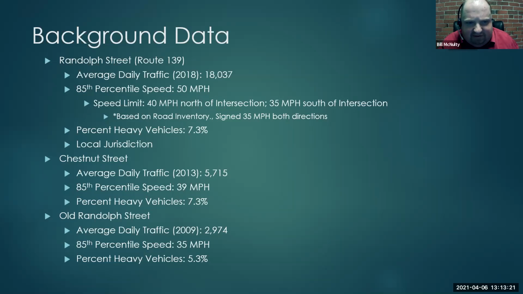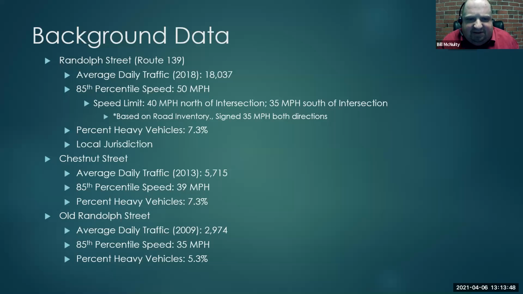The road inventory file shows that on one side of the intersection, it's 40 miles per hour, and the other side 35. So we haven't had an opportunity to get the actual speed permit for this location yet to see what exactly the speed limit is, but it's somewhere in that 35 to 40, and regardless, the prevailing travel speed is over the speed limit. So that's certainly a factor at this location.